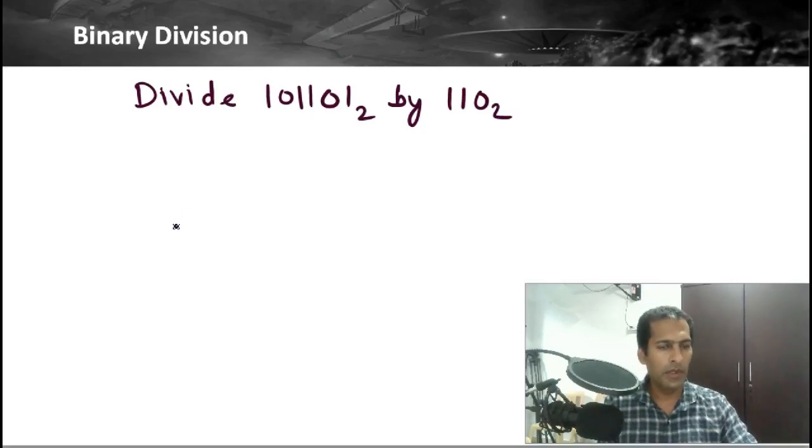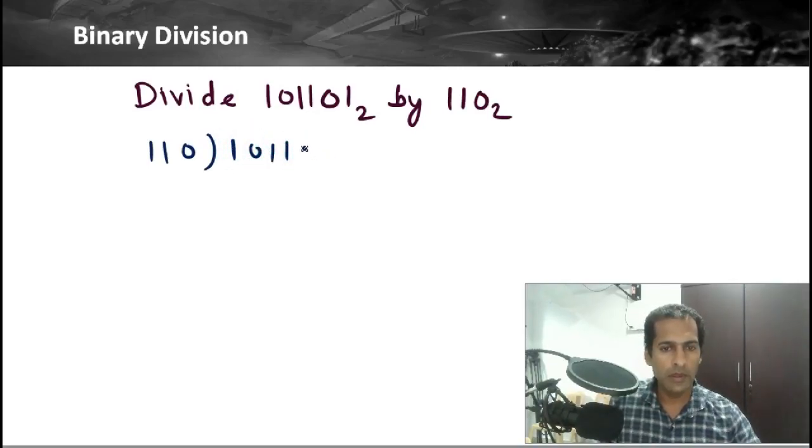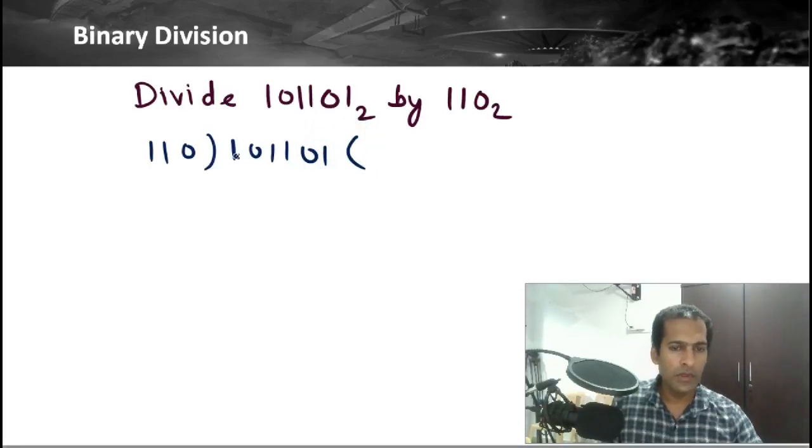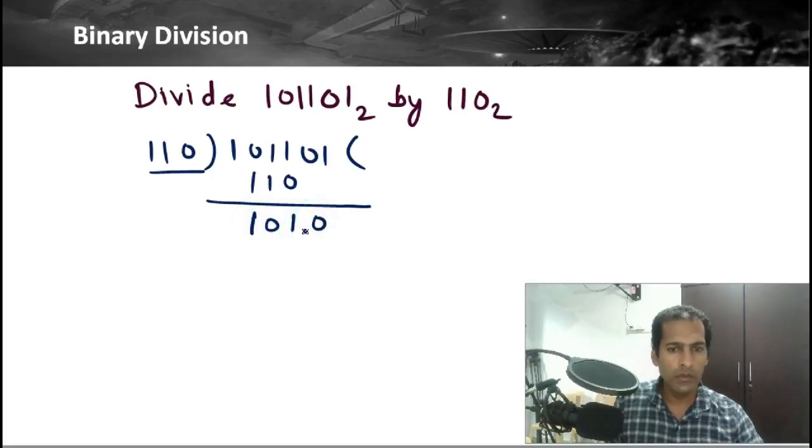So we'll have 1 1 0 and we want to divide 1 0 1 1 0 1, right? First we will divide with 1 1 0. Here we can write 1 1 0. If we subtract this, we get 1 0 1 0.